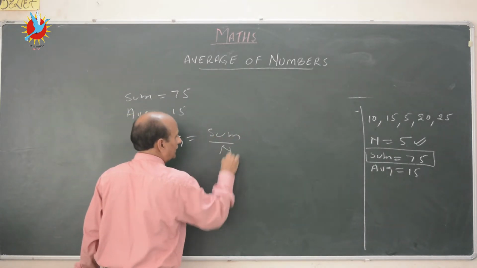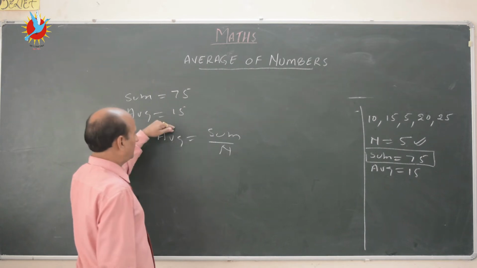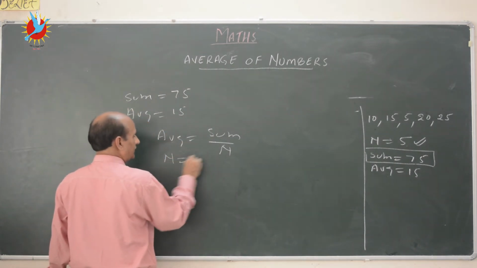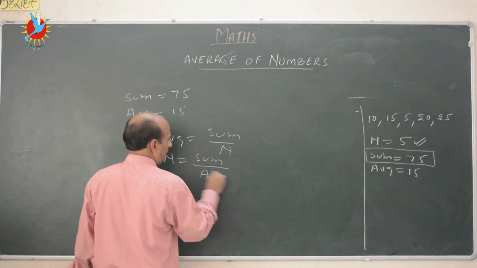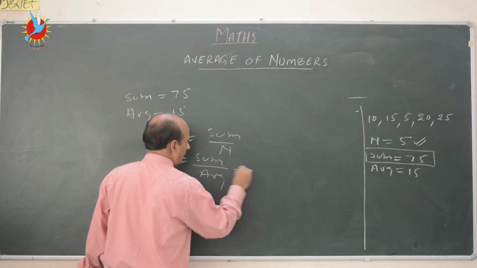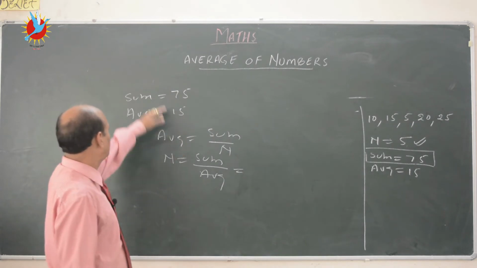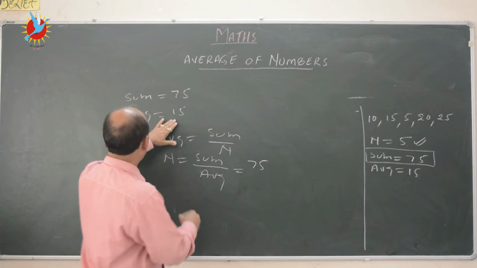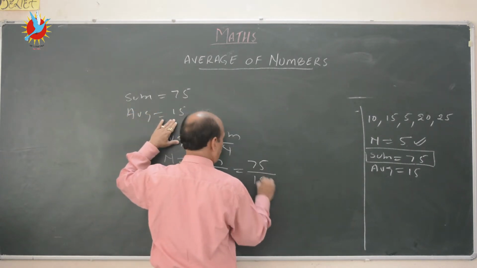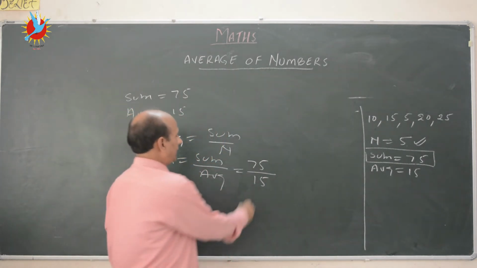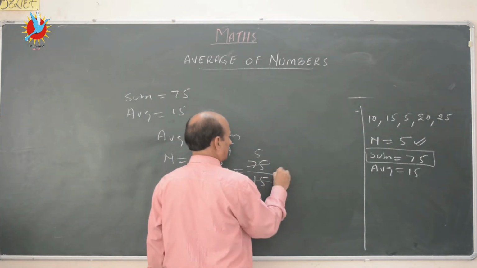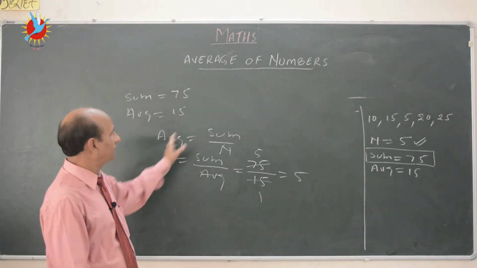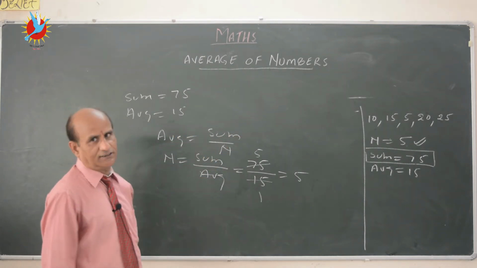Otherwise you can use this, shift n in this side and average just below it, that is divide the sum by average. Now putting the value of sum and average, sum is 75 and the average is 15. 15 ones are 15, 15 fives are 75, that is 5. So you have got the value of 5, that is there are 5 numbers in this.